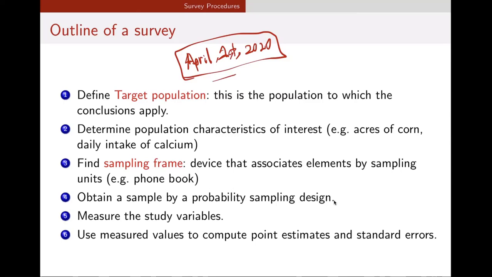So this is the population. Otherwise, if we don't allow this kind of restriction, then it becomes very vague.